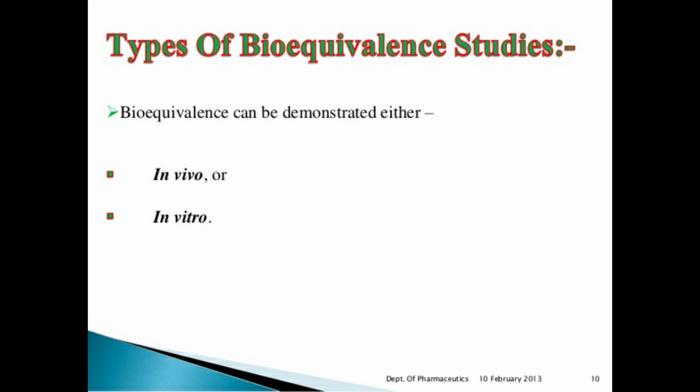The product contains no excipients known to significantly affect absorption of the active ingredient. Next, the main important thing is an acceptable IVIVC. IVIVC means in vitro in vivo correlation, and the in vitro dissolution rate of the new product is equivalent to that of the already approved medicinal product. Moreover, the product is intended for topical administration like creams, ointments, gels, etc. for local effect.